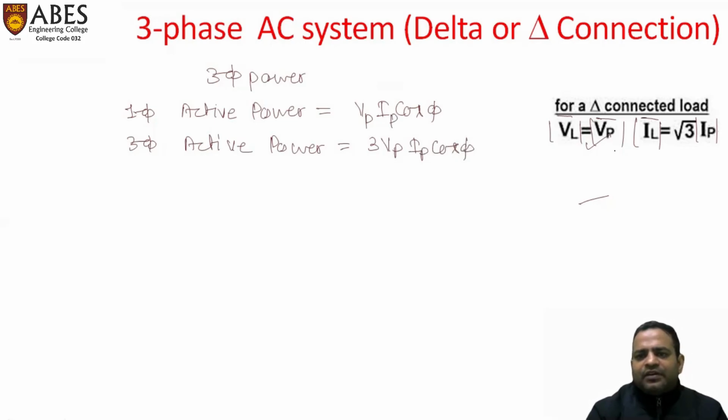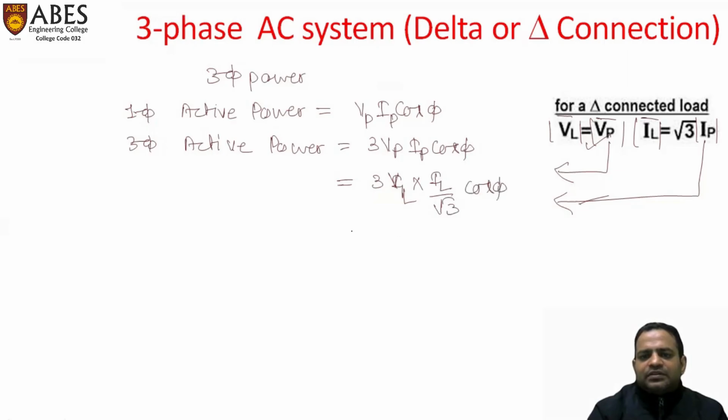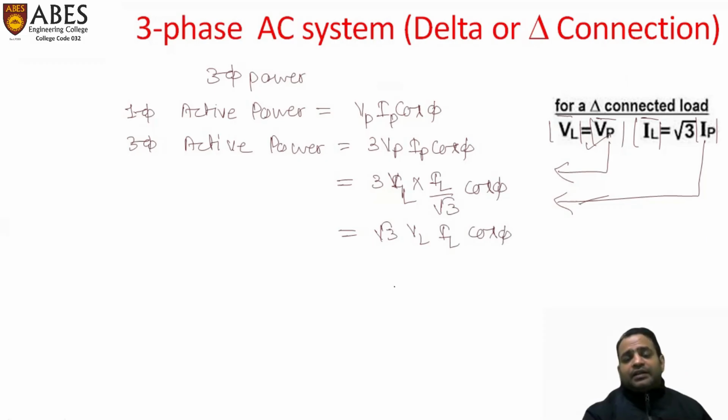If we put the values, Vp is equal to VL, and Ip is IL divided by root 3. So the value is root 3 VL IL cos phi, which is similar to the active power in case of star connection.